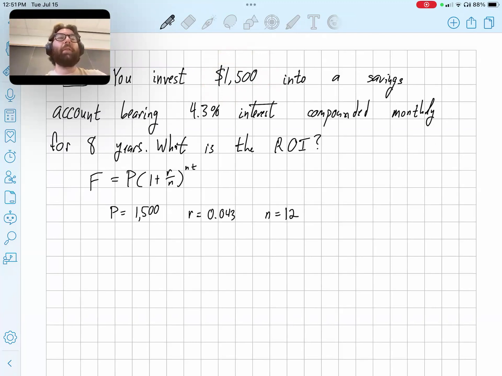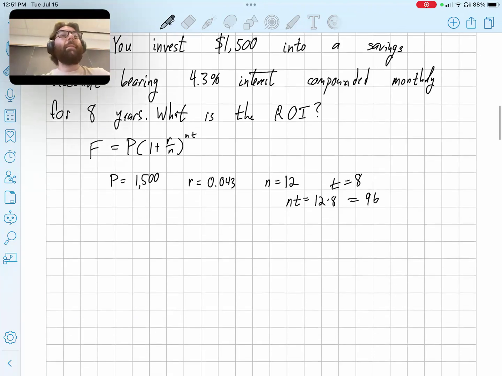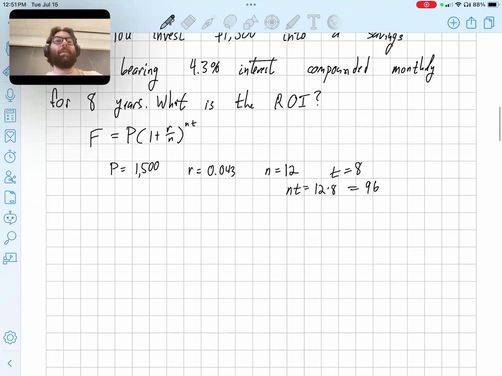There's 12 months in a year, so 12 compounding periods. And T is going to be 8, because the investment lasts for 8 years. So now let's do N times T. That's 12 times 8, which equals 96. So NT tells us the total number of compounding periods throughout the entire investment. We're going to have 96 compounding periods.